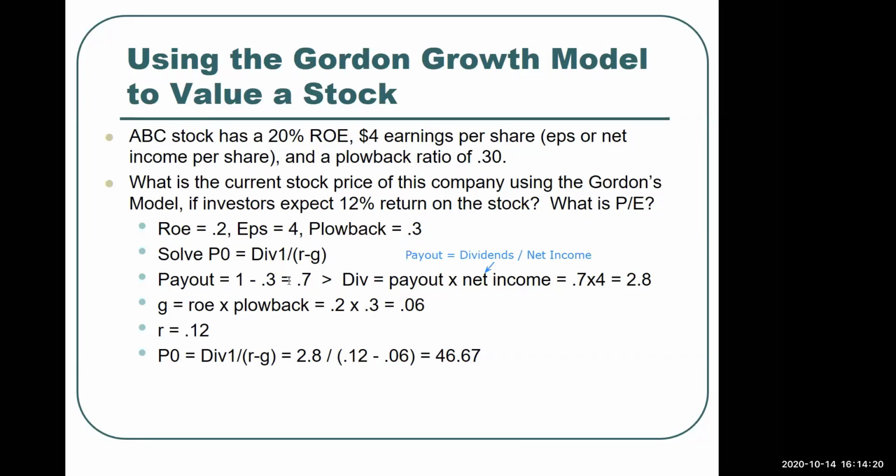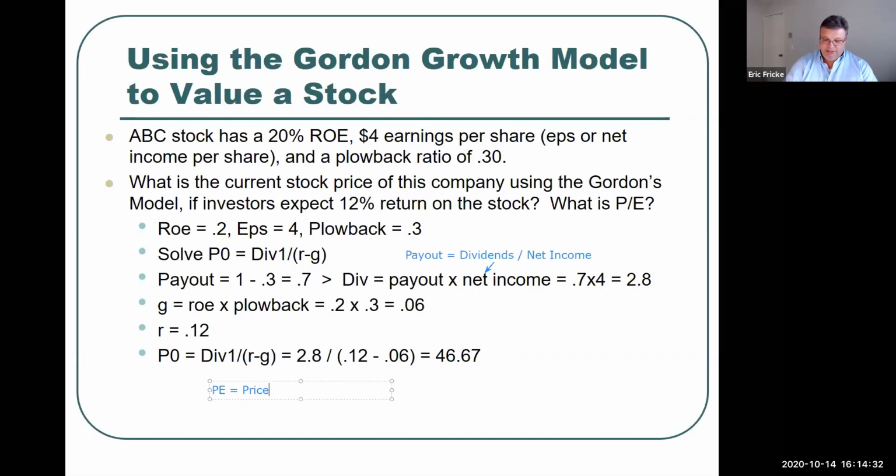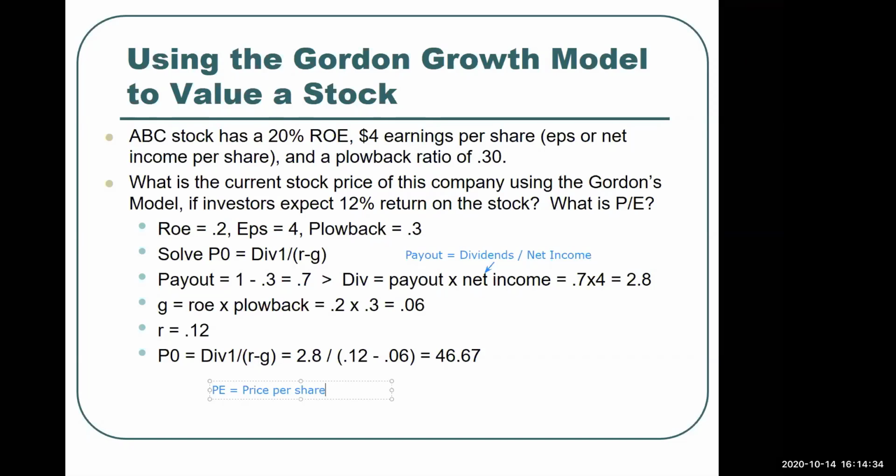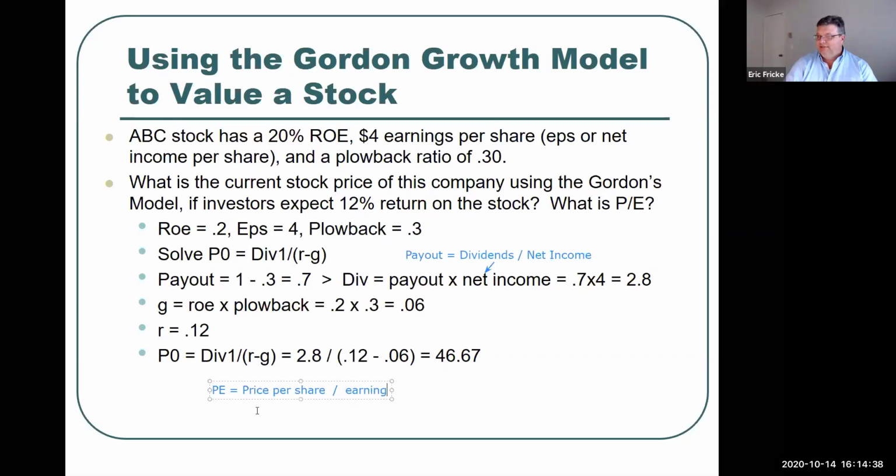So to calculate the PE for the earnings part, do we use $4 or do we use the 2.8? Let's see. So it's going to be price per share divided by earnings per share.